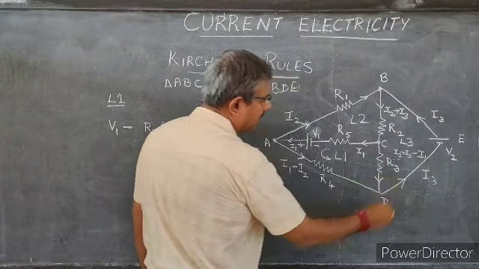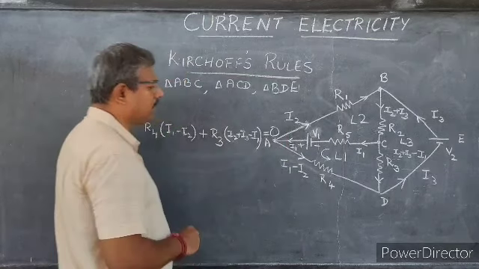If the direction of flow of current matches my direction of going through the loop, then I take the resistance drop as negative. But if the direction of my loop is opposite to the flow of current, then I take it with a plus sign, which means R3 into what is the current here? It is I2 plus I3 minus I1. This entire thing is equal to 0.